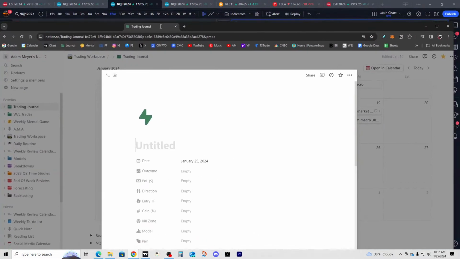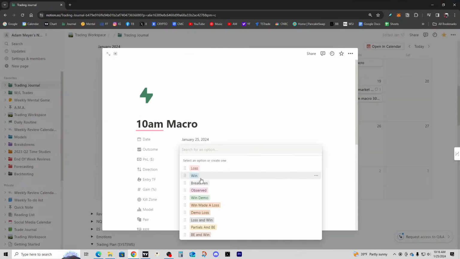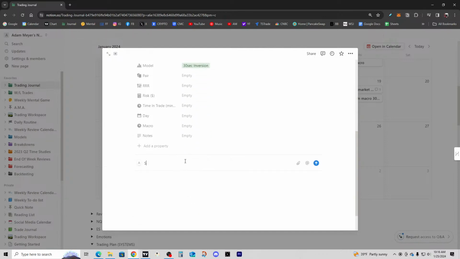So this is how I journal my stuff. This is the 10 a.m. macro. Outcome was a win. Model: 30-second inversion. I'll go long. I'm just gonna type SMT.